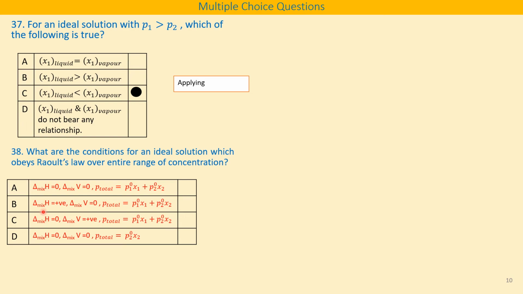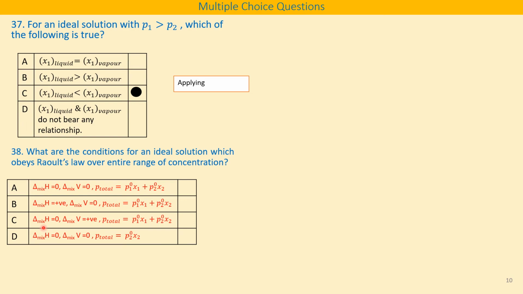Option B, delta mix H is positive, delta mix V is equal to 0, and P total is equal to P1 naught X1 plus P2 naught X2.